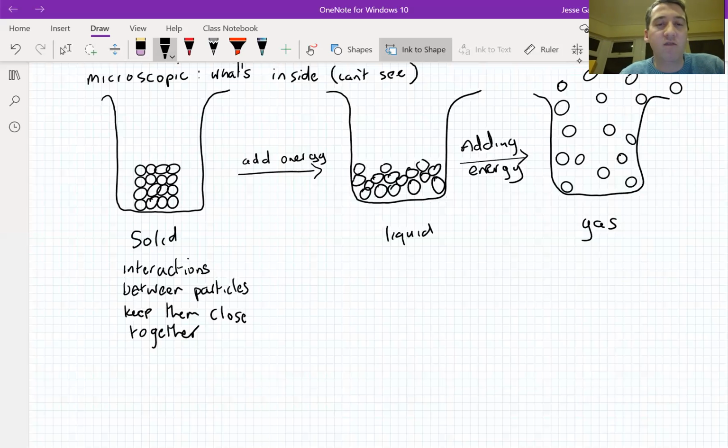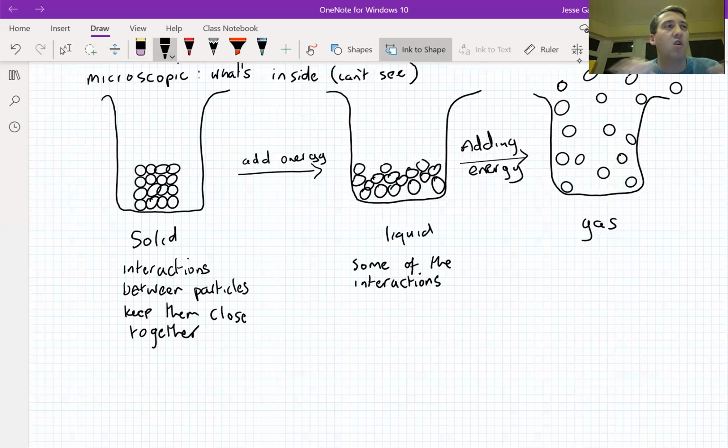And as they move more, what that does is it helps them to break or overcome some of these interactions between particles. So when we've added energy, we say some of the interactions. Some people say broken here, but I think there's a better word here, which is overcome.